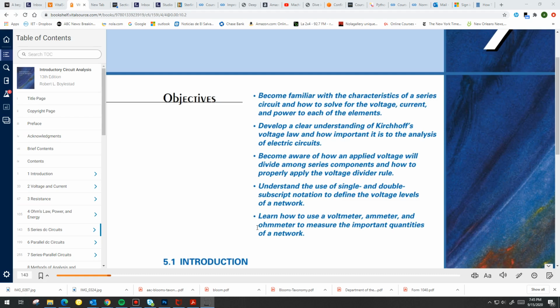And briefly, we'll talk about how to approach measuring voltage and current in a series connected circuit, although we're going to leave measuring more for the lab when we do hands-on measurements.